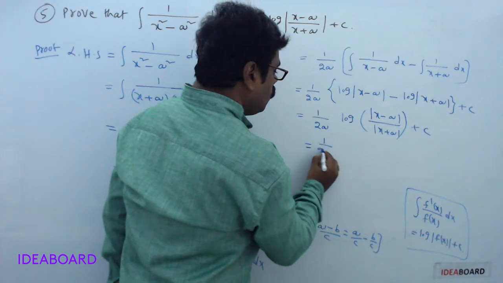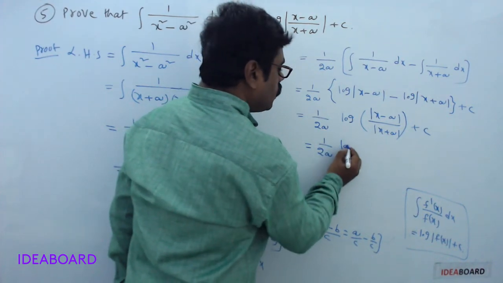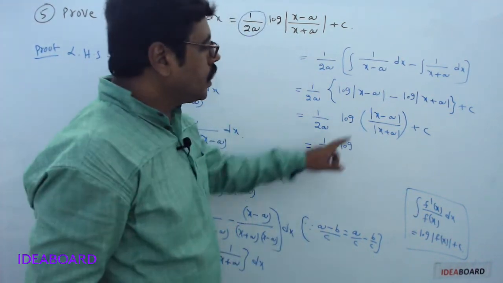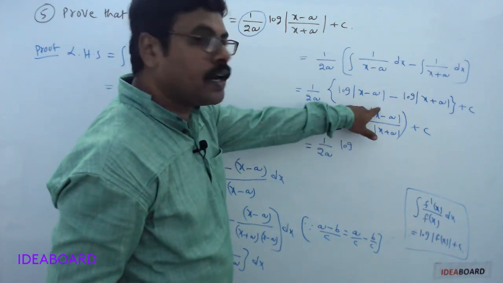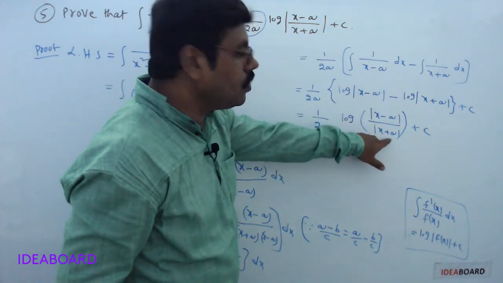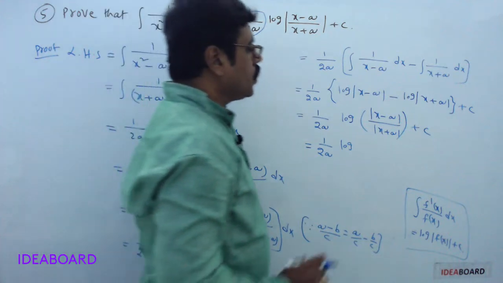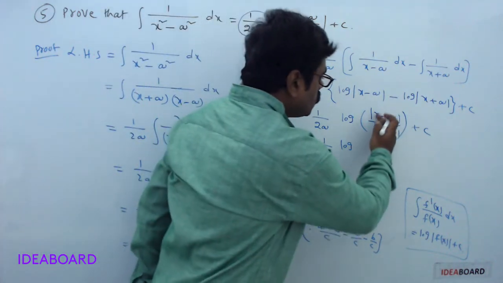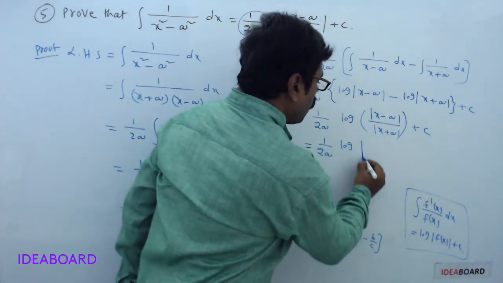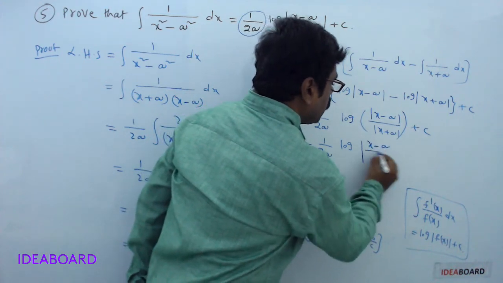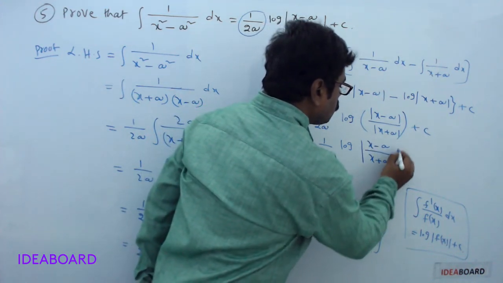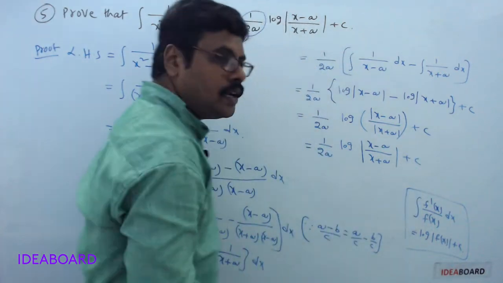Now this equals 1 divided by 2a into log of, here mod function will be there in numerator and denominator. So you can write the modulus for this entire expression, that is log modulus of x minus a divided by x plus a plus some constant c.